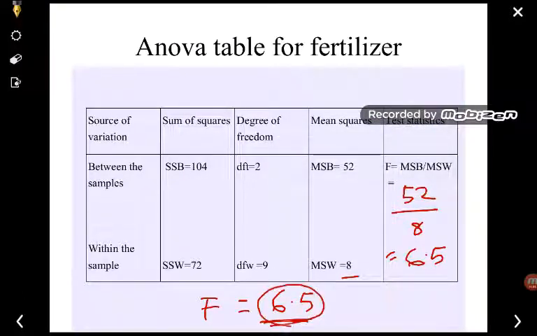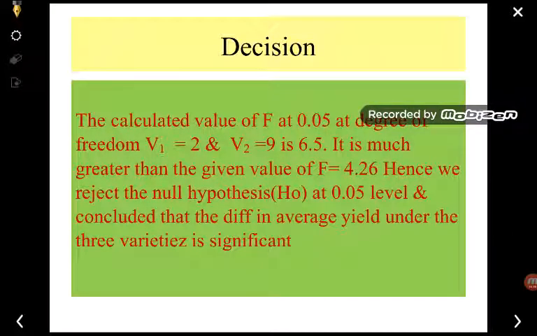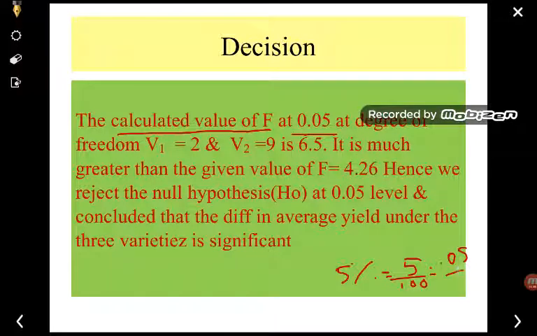So this is the calculated value, and 4.26 was the tabulated value of F. So how do we conclude the example? We have taken 5% now. 5% can be written as 5 by 100, that is equal to 0.05. That's why it is taken as 0.05.